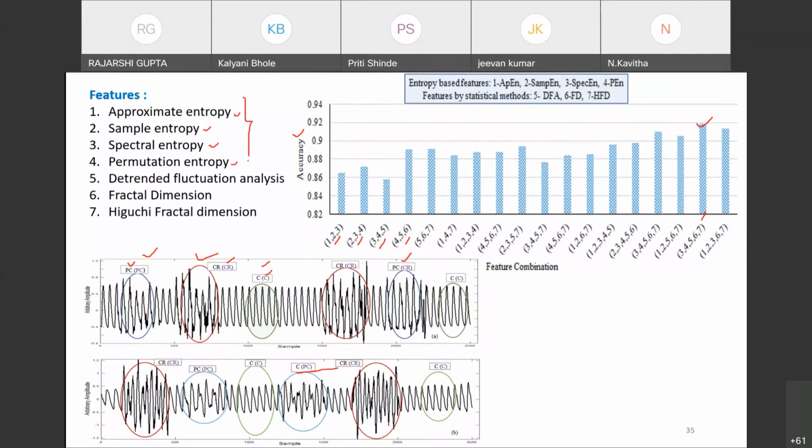So if you go through the literature of signal quality analysis or assessment, you will find that these entropy features have become very, very popular. And these are some statistical features, like detrended fluctuation analysis, fractal dimension, then Higuchi fractal dimension. So using this set of 7 features, we could achieve a multi-class classification accuracy of around 92%. Okay.